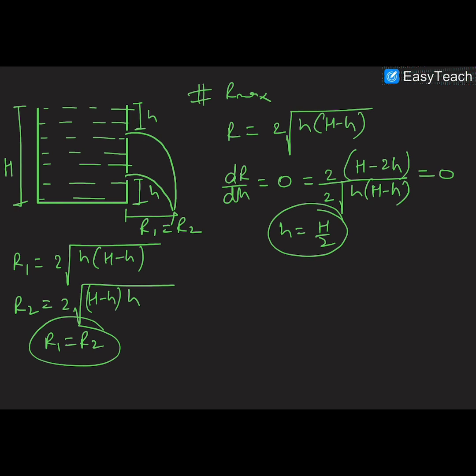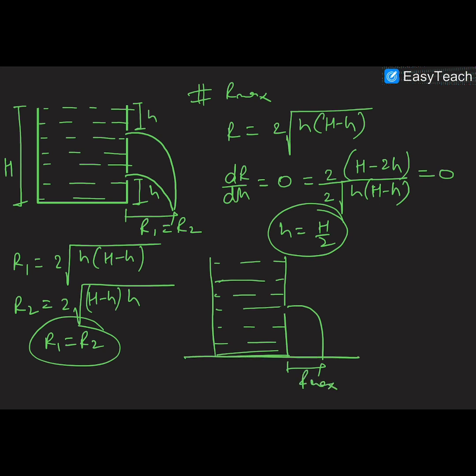Okay, so this is the height at which we should make a hole so that the range is maximum. Now it is very important how this is represented in front of the students. So please pay attention to what I am saying: the range will be maximum when the hole is made at a point which is exactly midway between the ground and the top level of the liquid in the container.